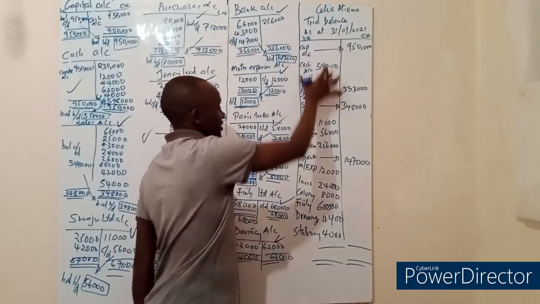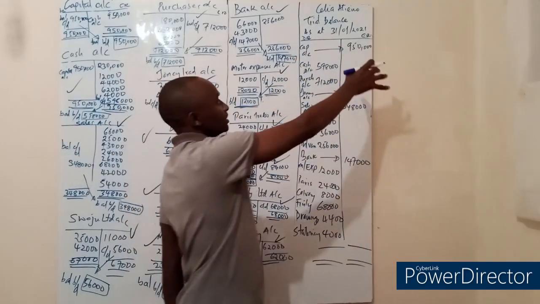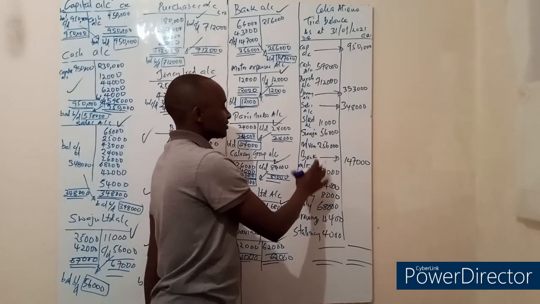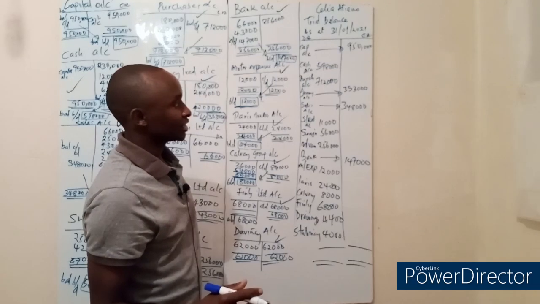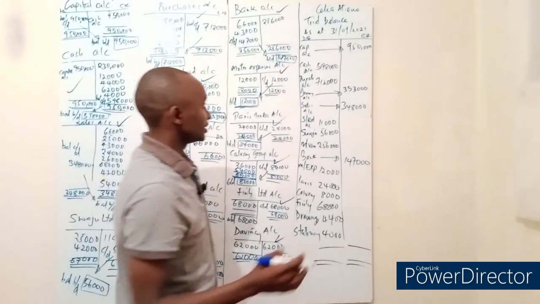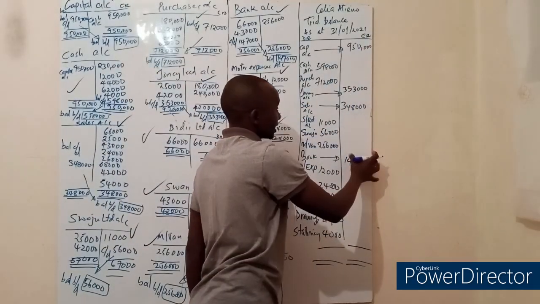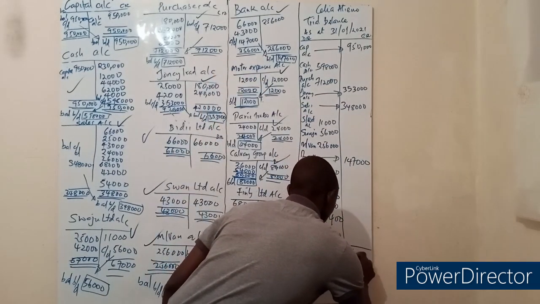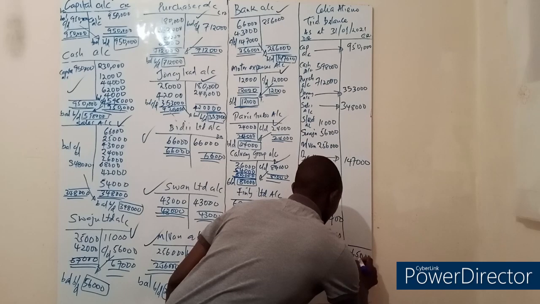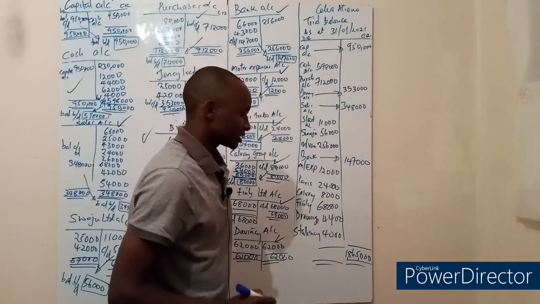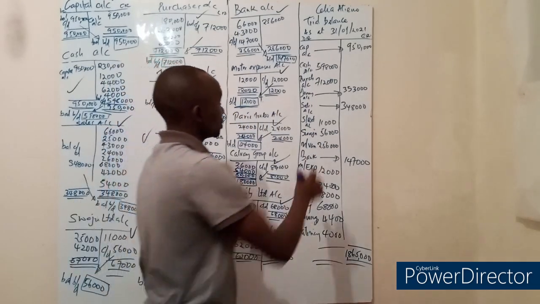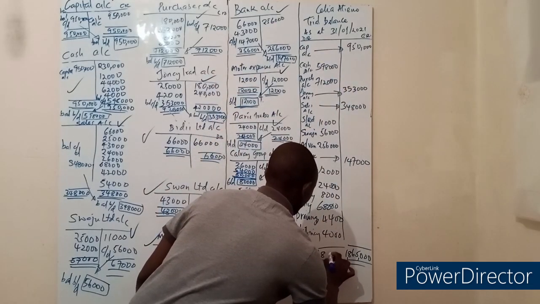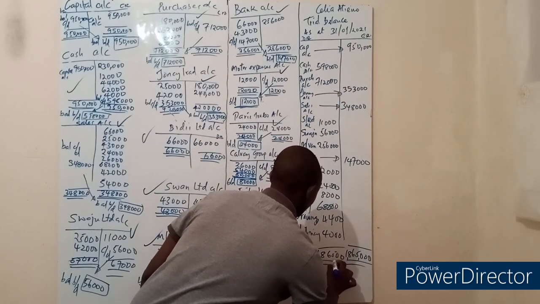The balances on the debit side must be equal to the balances on the credit side. If you find that you have any difference, that means that there's something that you've not done correctly. So if we add all these items on the credit side, the total is 1,865,000, which must be the same with the debit side of 1,865,000.